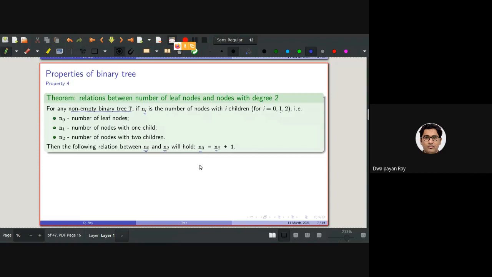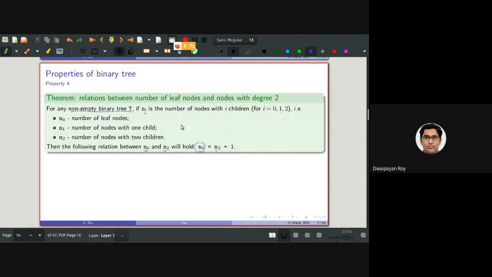Anyone? Can you help me prove this? Sir, it is the same as the previous one. How? Sir, because n0 is basically the number of external nodes, right, and n2 is the number of internal nodes.